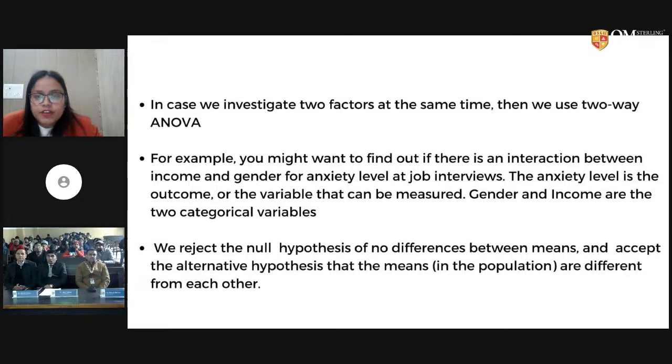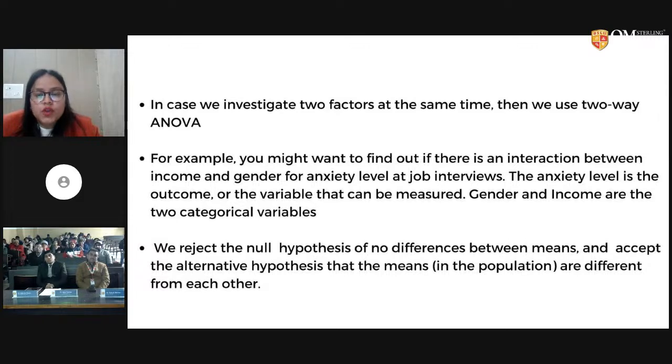Now, I've given you the example of one factor. We have also the example of two factor ANOVA, means we are using two factors one at a time or at the same time. For example, you might want to find out whether there is an interaction between income and gender for anxiety level at job interviews. So, first of all, in the previous question, we only had one category, that is the impact of different types of teas on your weight loss.